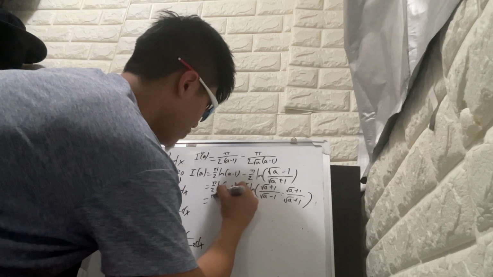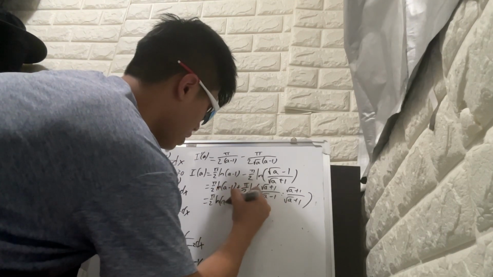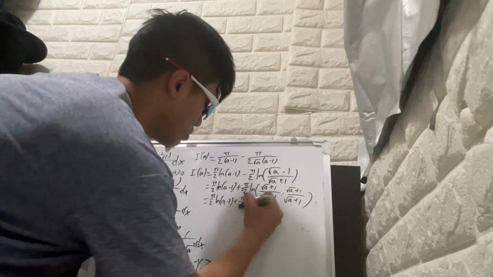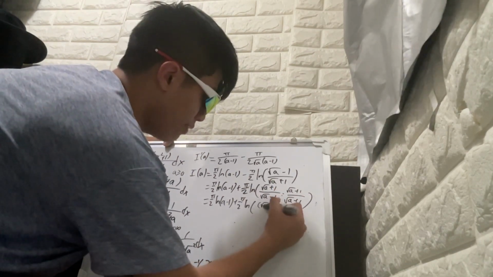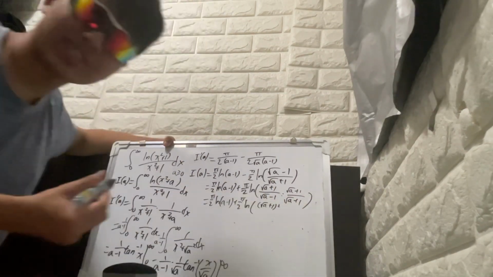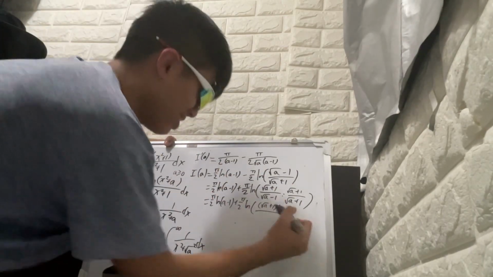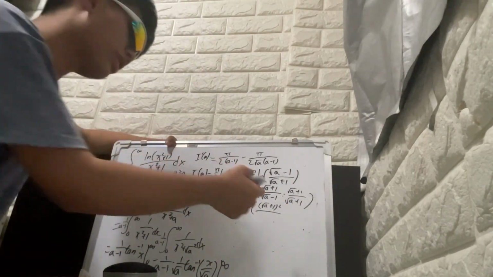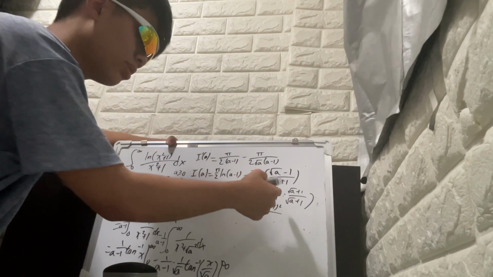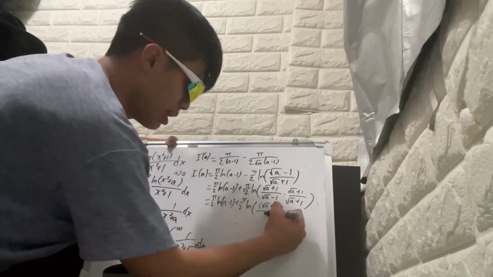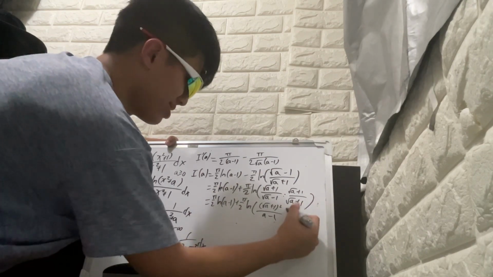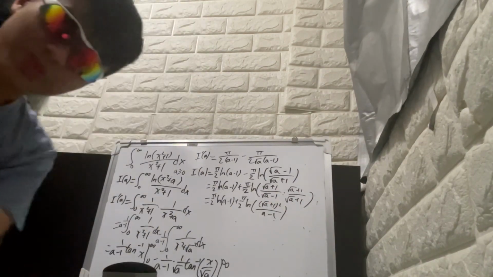So you will get pi over 2 times ln of a minus 1 plus pi over 2 times ln of. Here on the top you will get the square root of a plus 1 and then squared. On the denominator you get the square root of a minus 1 times that, this square minus this, you pretty much just get a minus 1 here. So here's the deal.